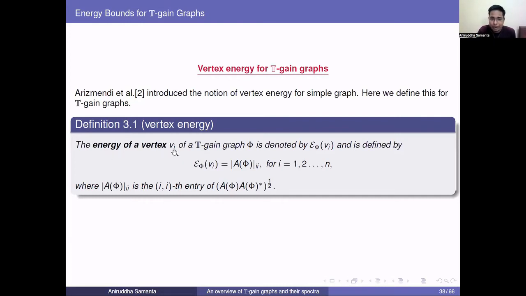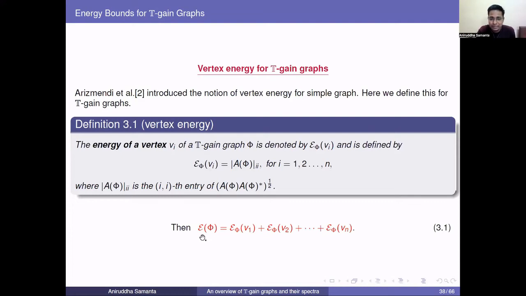The energy of a vertex Vi of a T-gain graph phi is nothing but the ith diagonal entry of |A(phi)|. Since A(phi) and A(phi)* are positive semi-definite, the square root is possible. That is why we take the ith diagonal entry of this matrix as the energy of the vertex Vi.